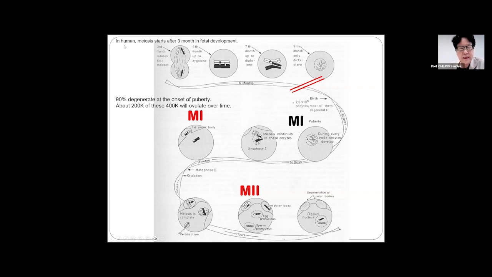So just remember that in humans, meiosis starts during fetal development, and then at the diplotene stage they become arrested. And when arrested, we give it the term dictyotene.